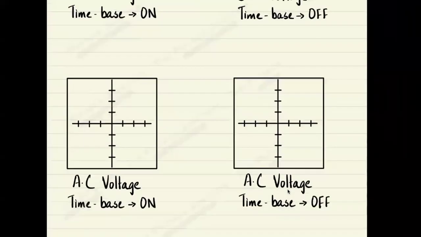Similarly, with the AC voltage, for example, I know that sometimes the value is +5, other times it's -5, +5, -5. Again, if the time base is off, it's not going to move across the screen. So it just looks like a horizontal line like this.